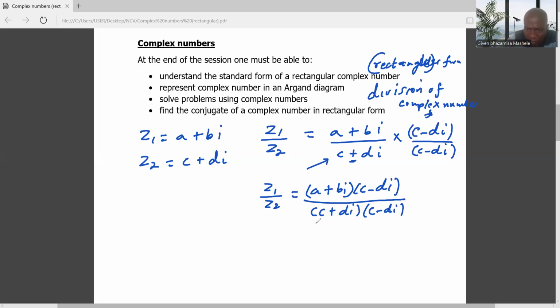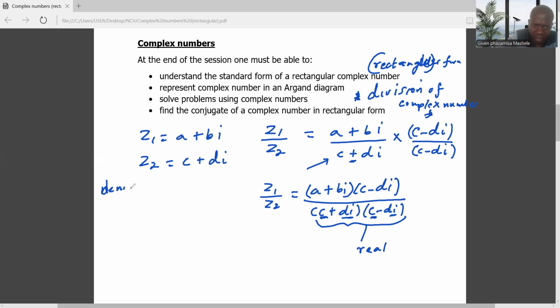That's why if we simplify this, the answer will always become real. Why? Because when you multiply these two, it will be c squared minus cdi plus cdi, which will be 0. The negative here, you see, it's going to give us a real number. So all the time when you are dealing with division of complex numbers that are in rectangular form, you need to always consider the denominator.